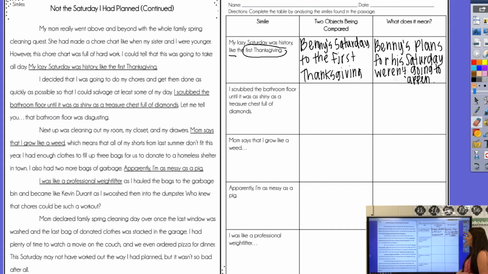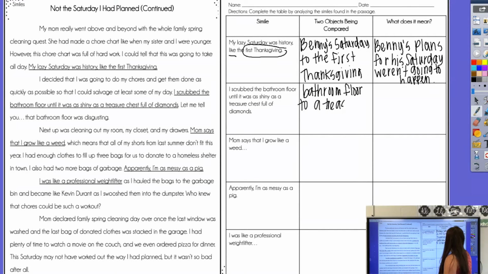I scrubbed the bathroom floor until it was shiny as a treasure chest full of diamonds. So we're comparing the bathroom floor to a treasure chest full of diamonds.